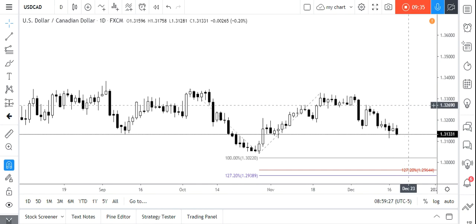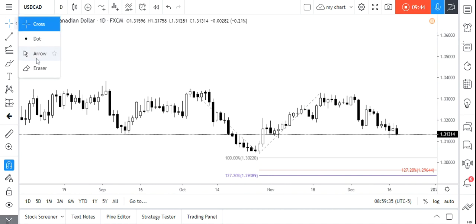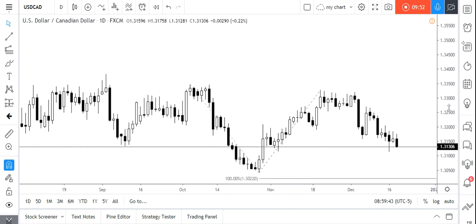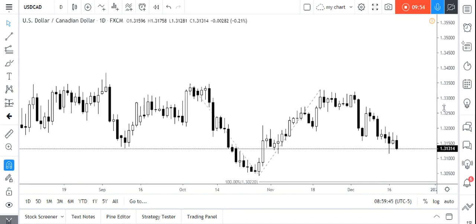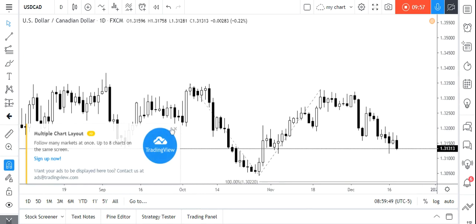So how many pips do we have on the table for gaining, and how many pips for losing? Let's measure the distance. This will give you an idea of whether or not this trade is good in terms of risk and reward. I am just expanding this chart vertically for measuring the distances.